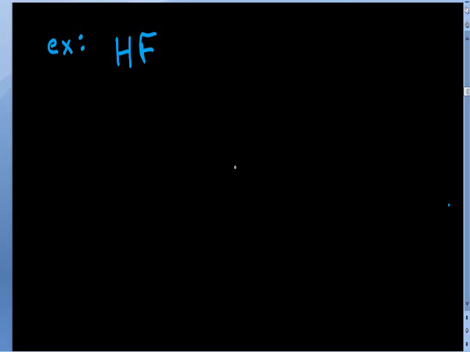For example, let's consider the molecule HF. A Lewis dot structure of hydrogen shows hydrogen with one valence electron and shows fluorine with 7 valence electrons.